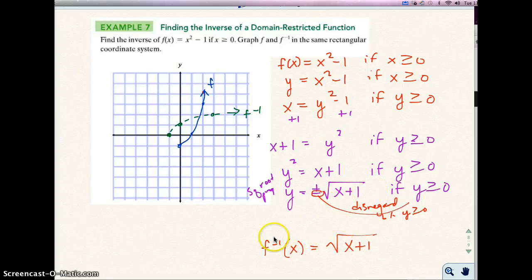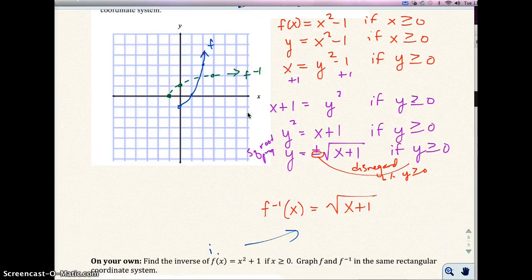Notice that if I were to graph f inverse by using what I just did algebraically, this is the graph of square root of x, moved to the left 1 unit. So this is the graph of f of x equals square root of x by moving it to the left 1 unit.